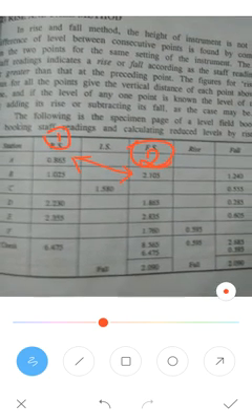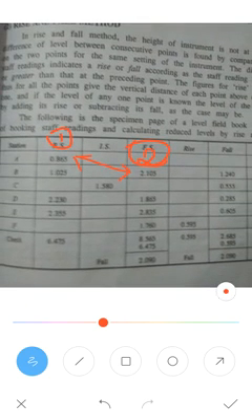So 8.675 minus, the flow is like this, after BS, FS you will get it. That's why you have to take these two numbers only. And one more thing: in the rise and fall method, you always have to subtract in the diagonal shape only. Don't ever take the numbers in this manner.